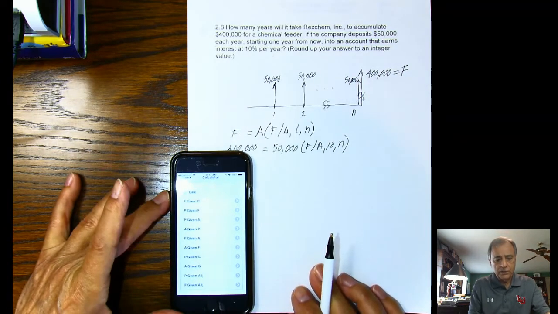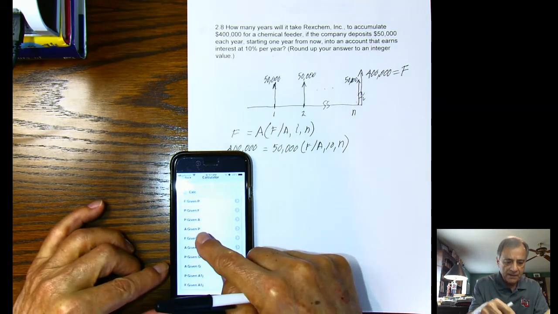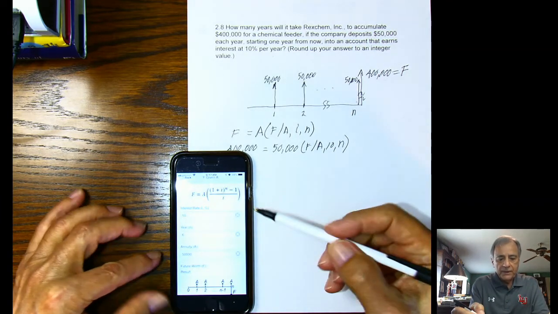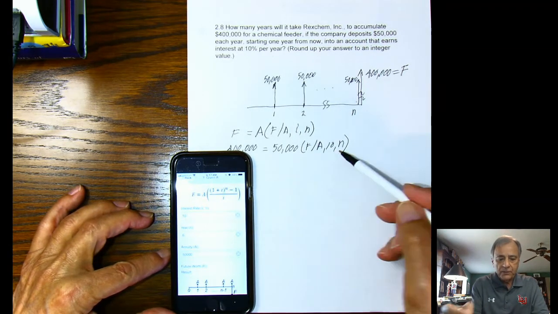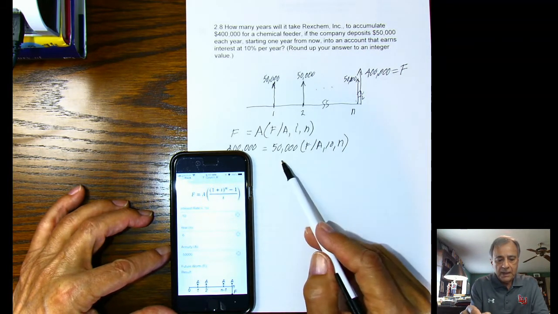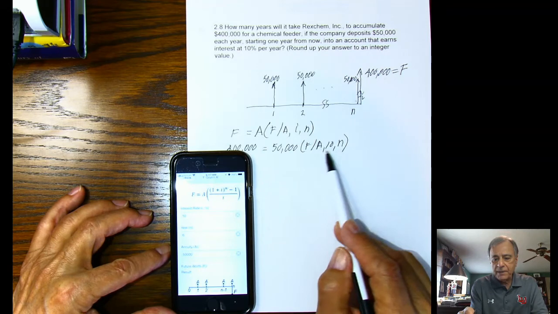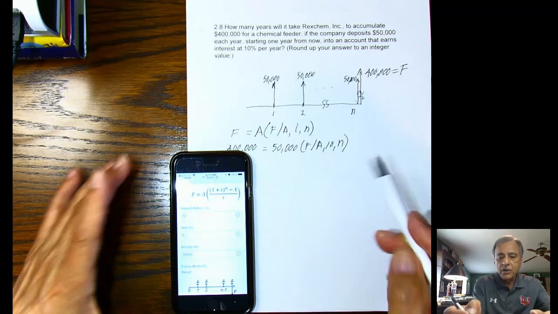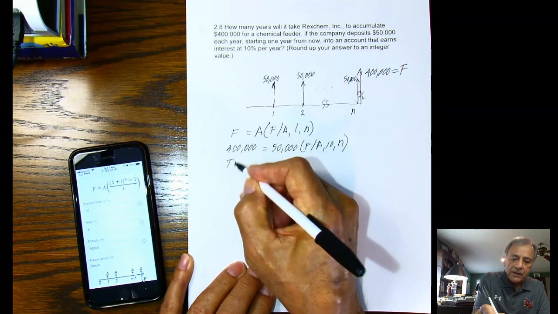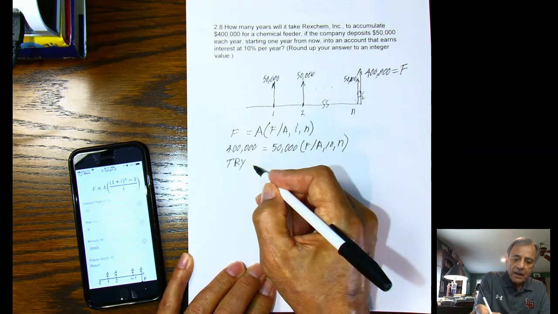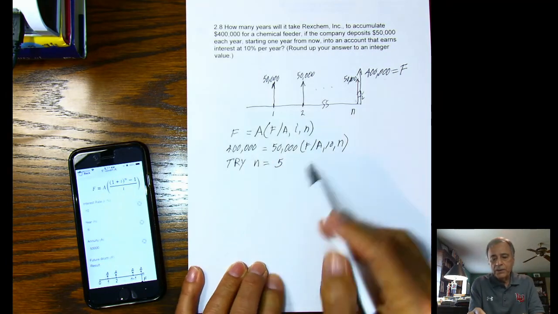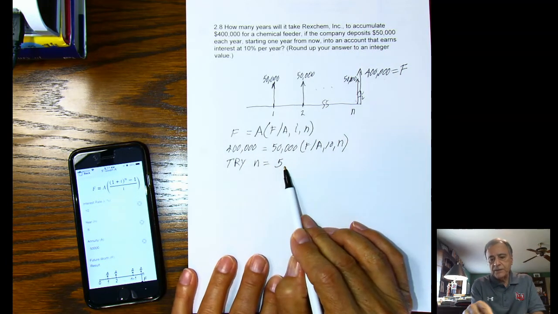So I'm going to go to F given A, and I have an interest rate of 10%, which I've already put in, and I have a number of periods. I'm going to start by guessing 5 years. So I'm going to say try n equals 5.